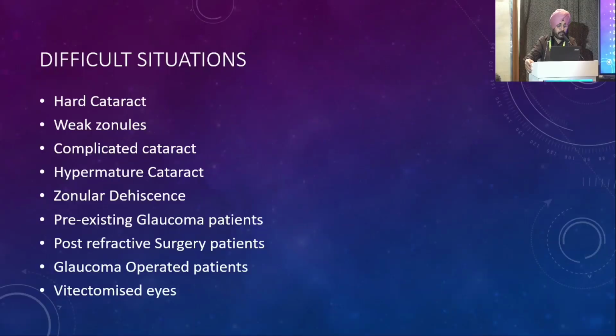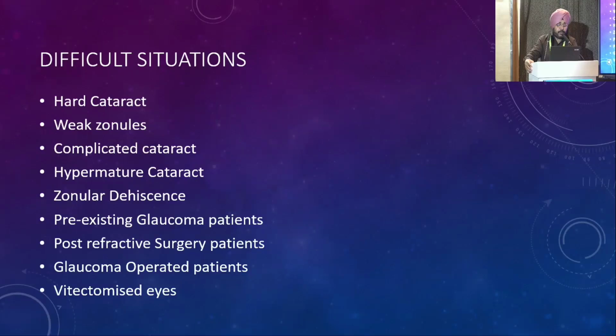And of course zonulodialysis, pre-existing glaucoma patients, post-refractive surgery patients. In post-refractive surgery patients, there is basically difficulty in the sclerocorneal tunnel formation, so we should be familiar with when to enter in the clear cornea in refractive surgical cases.